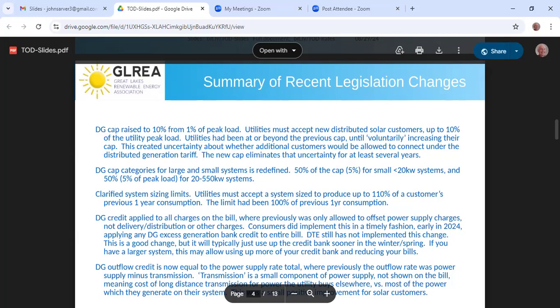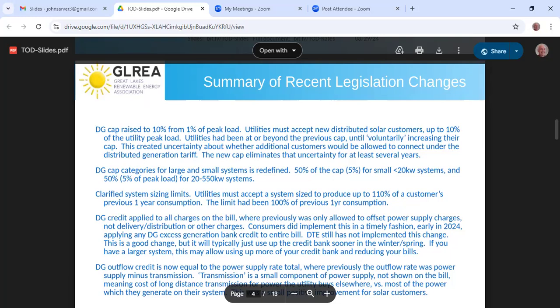So that helps. This next thing is, I would say, relatively minor, but depending on your case, it could let you save additional money. Previously, the credit that you earn for outflow, you could only use for power supply, not for delivery, and not for any other charges. Now, the way the law says, it can be applied to any other charges on the bill.